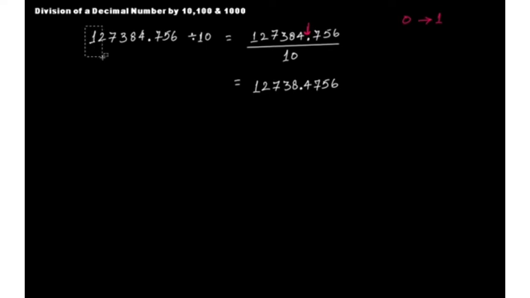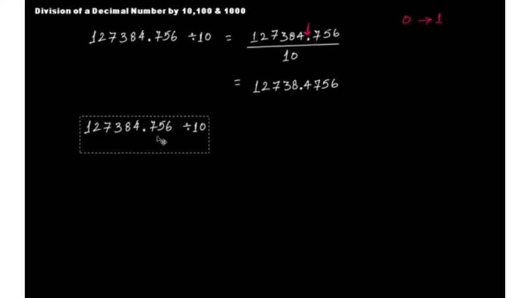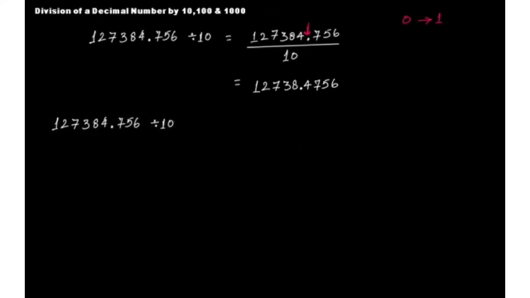Take again this number. Let me copy it, Control-C, Control-V. Now you have to divide this by 100. So this is 1,27,384.756 divided by 100. Your decimal point is here. In 100, how many zeros do you have? We have 2 zeros in 100.